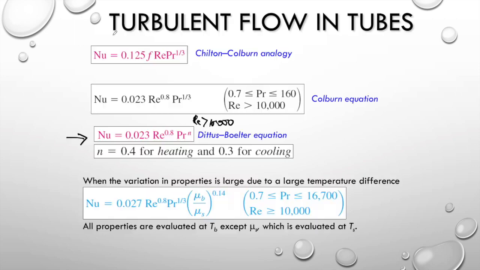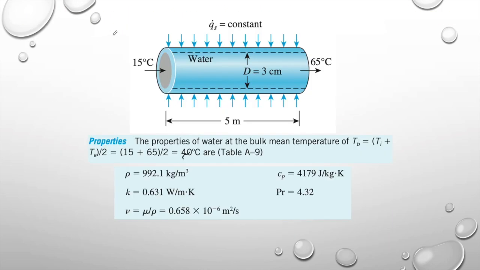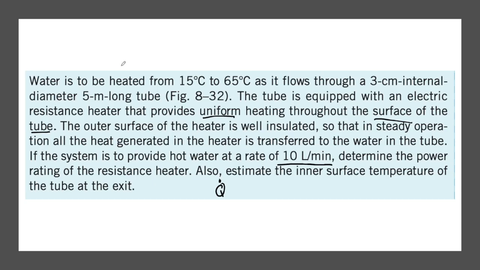So we have to find Q first. Q dot is power, the rate of heat transfer, which is equivalent to power rating.